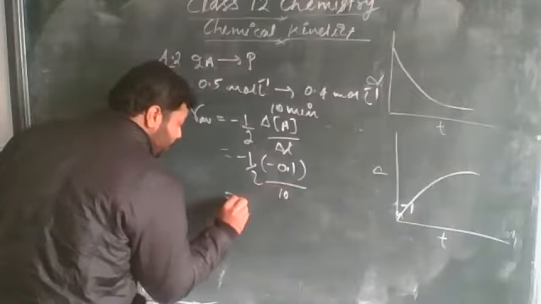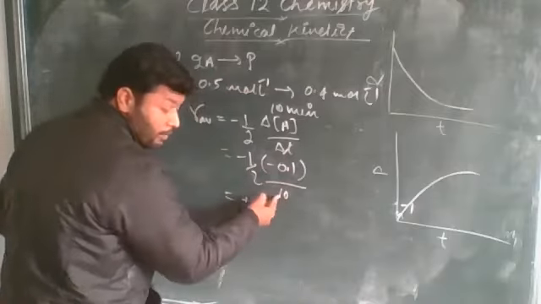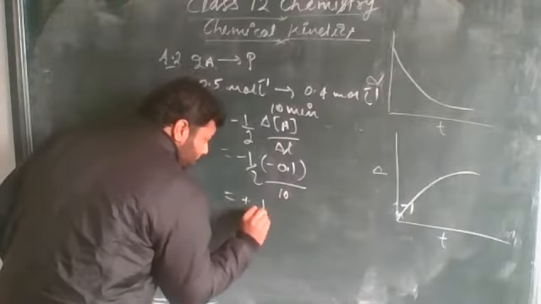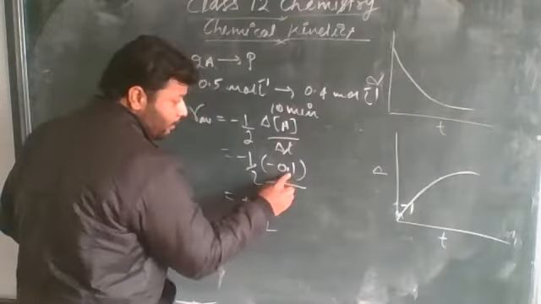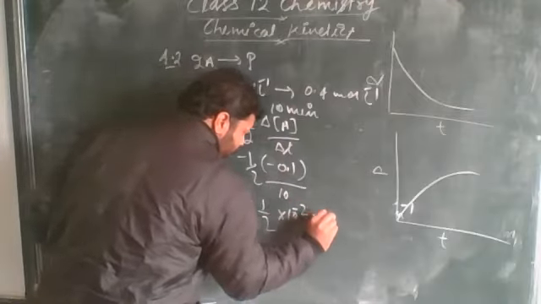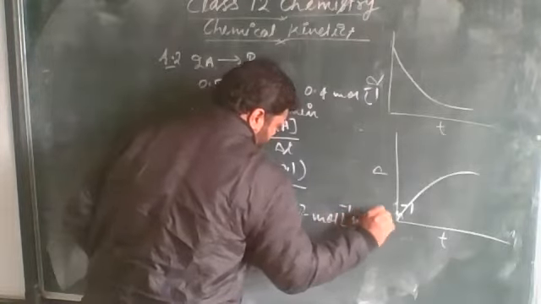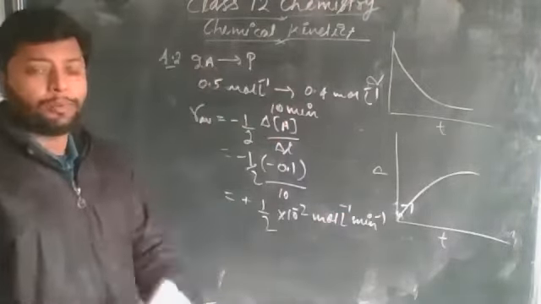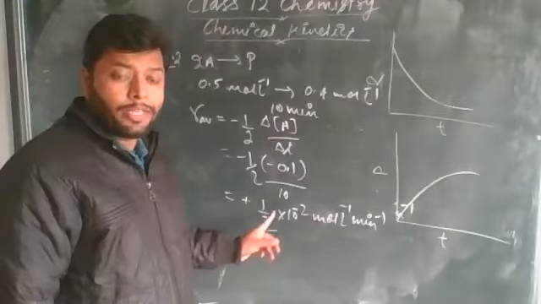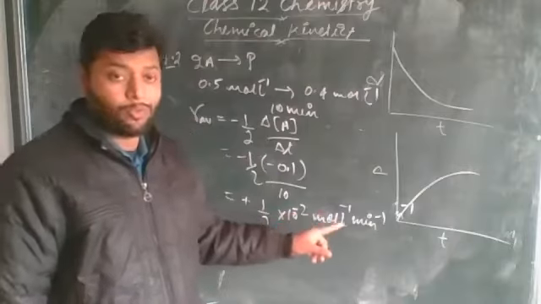This will give you plus 1 by 2 into 10 to the power minus 1 over 10, then 10 to the power minus 2. So the answer will be 1 by 2 into 10 to the power minus 2 mole per liter minute inverse.